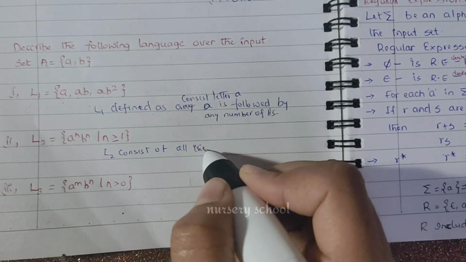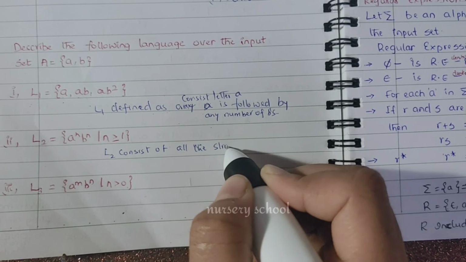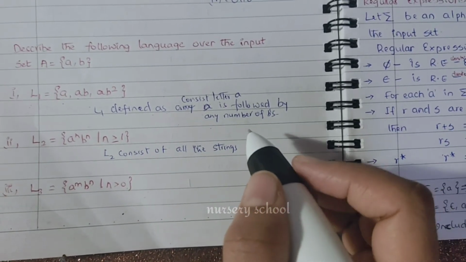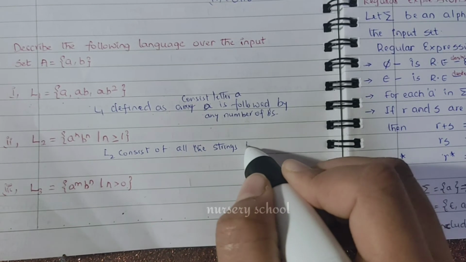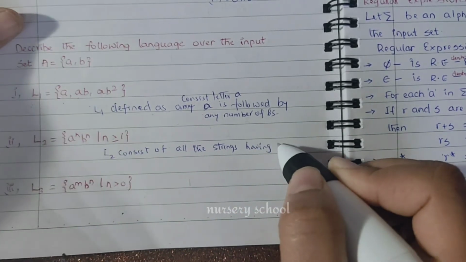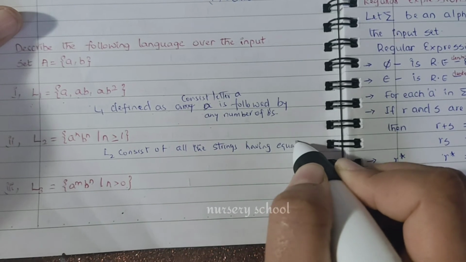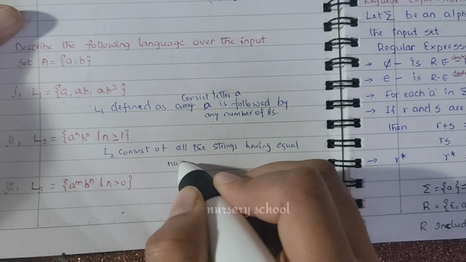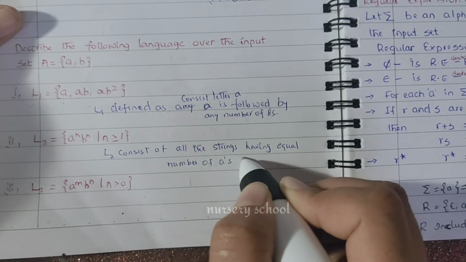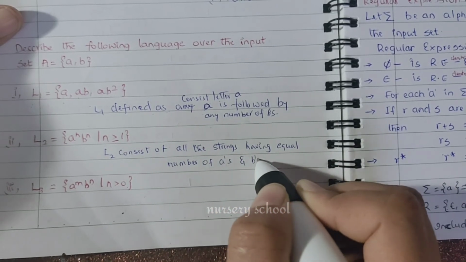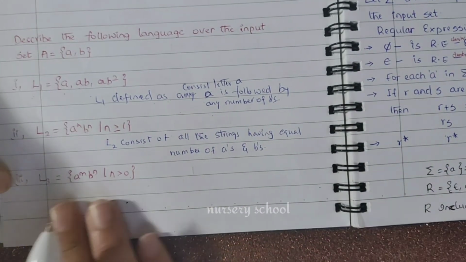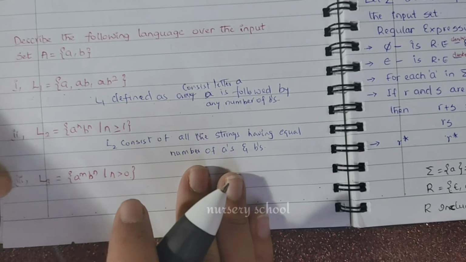All the strings having an equal number of A's and B's.